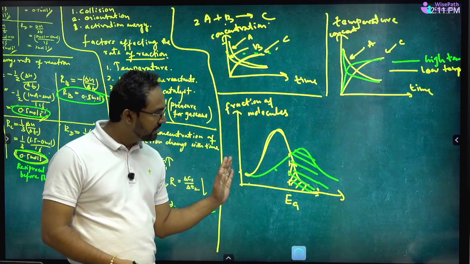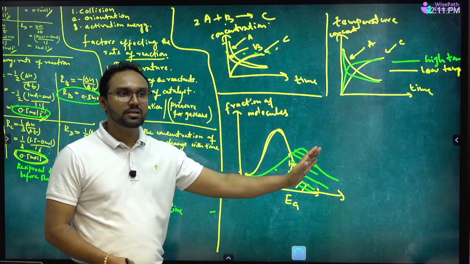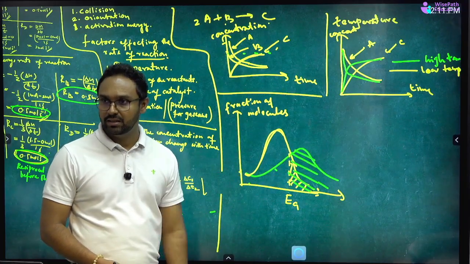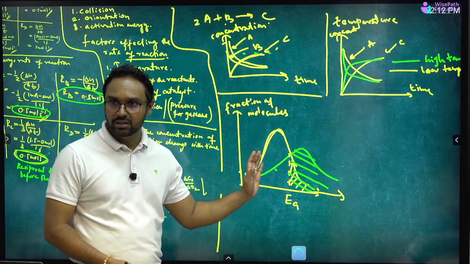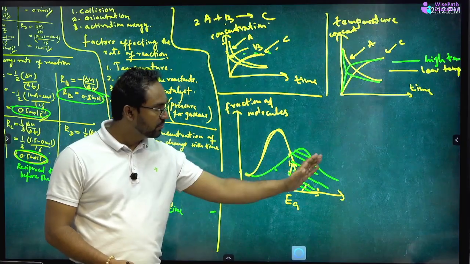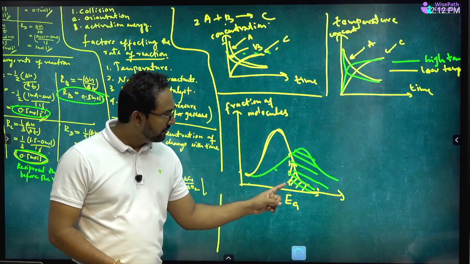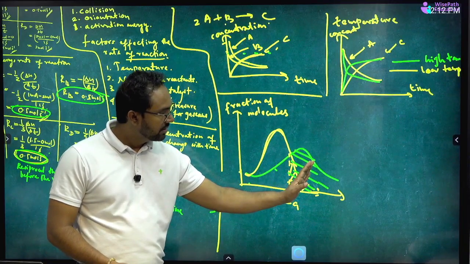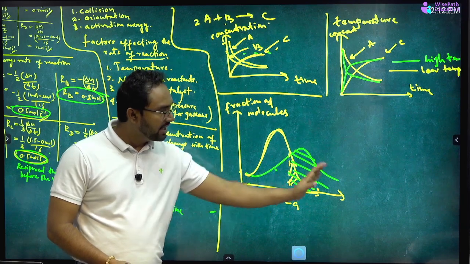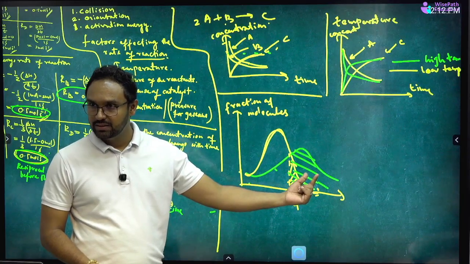Now when I increase the temperature, the graph will move towards the more energy side, right? Get it? Now when the graph moves towards the more energy side, the number of molecules that have overcome the activation energy is now more, which means they're reacting more, right?